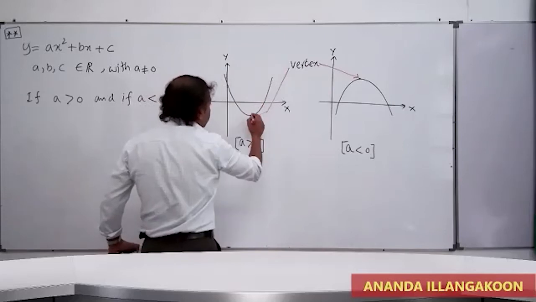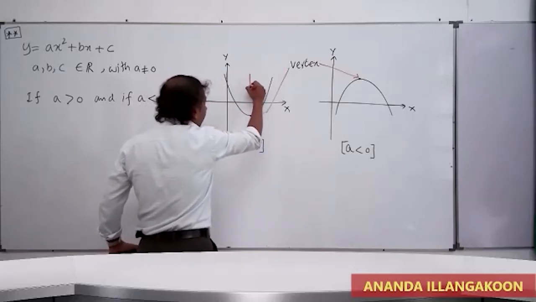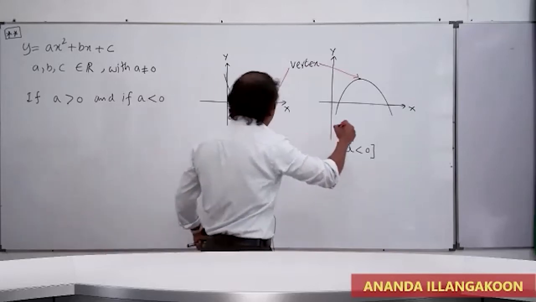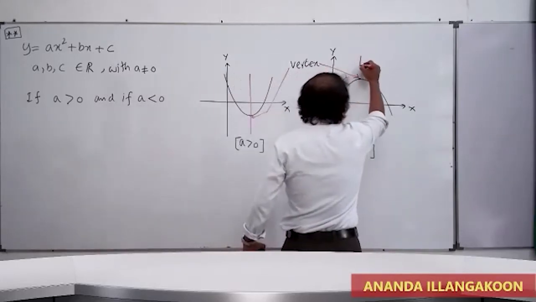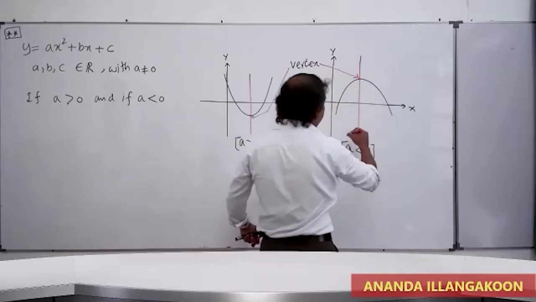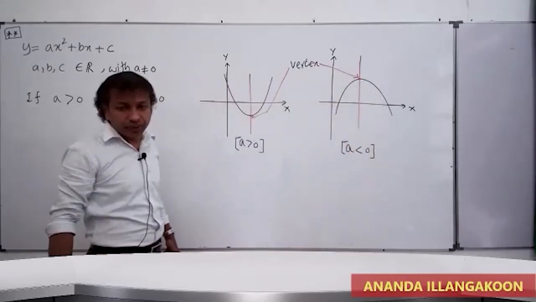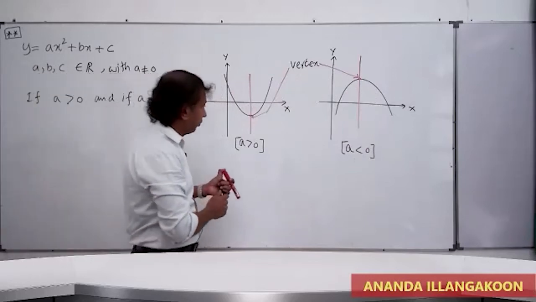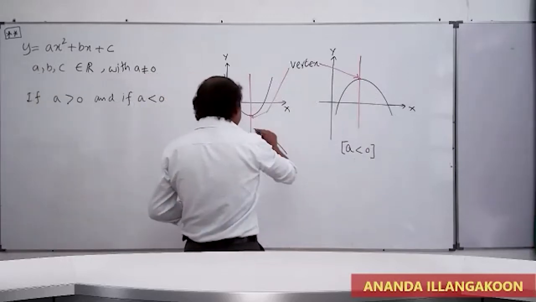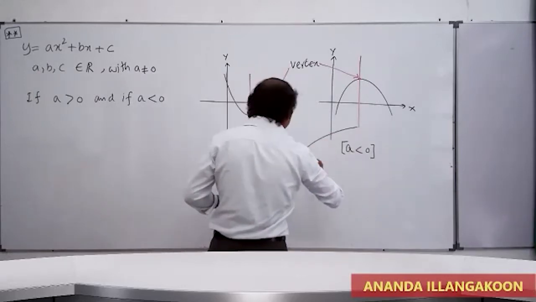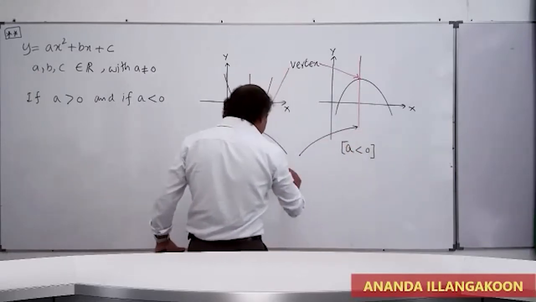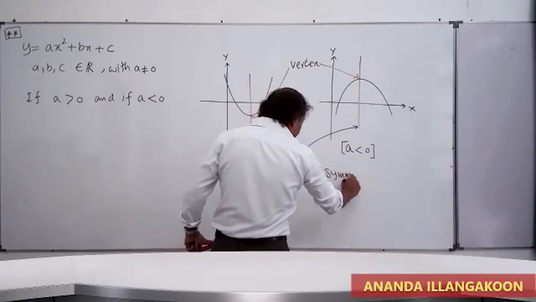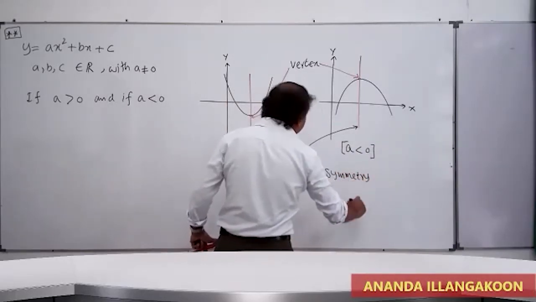The line passing through the vertex is called, people, what? The axis of symmetry, no? Here, the axis of symmetry.